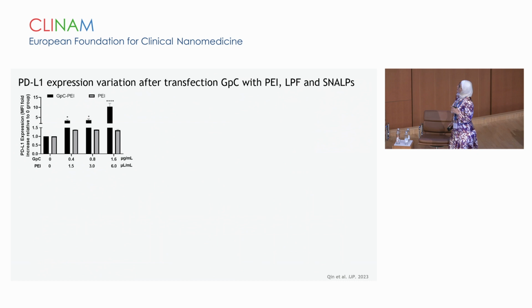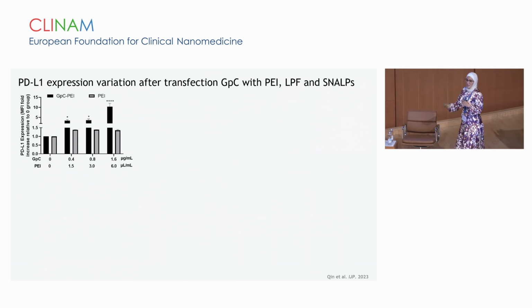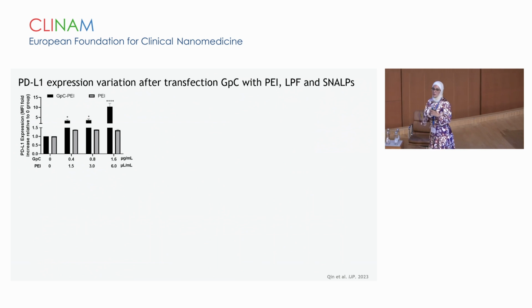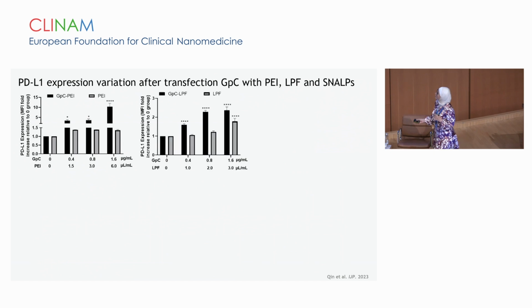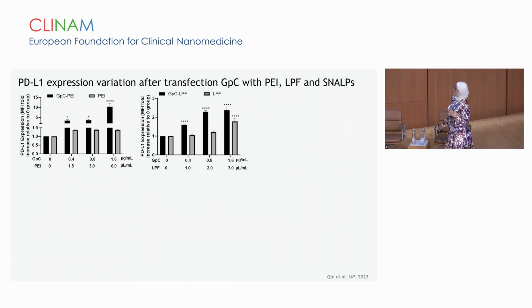We looked into this further, but this time we replaced the plasmid with a GpC, which will bind TLR9 but will not lead to its activation, because we don't want this effect as an immune activation. We really want to discriminate what the plasmid delivery does as a backbone. And what we found, you see the black color, which is the complex, versus the light gray, which is just the transfection reagent.